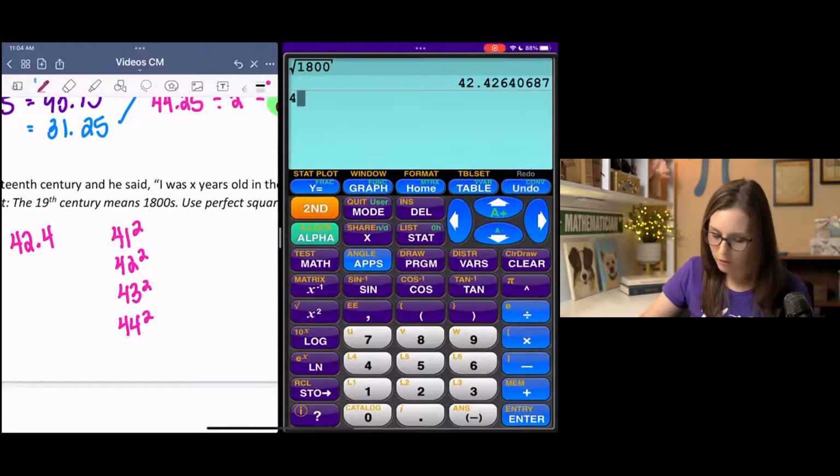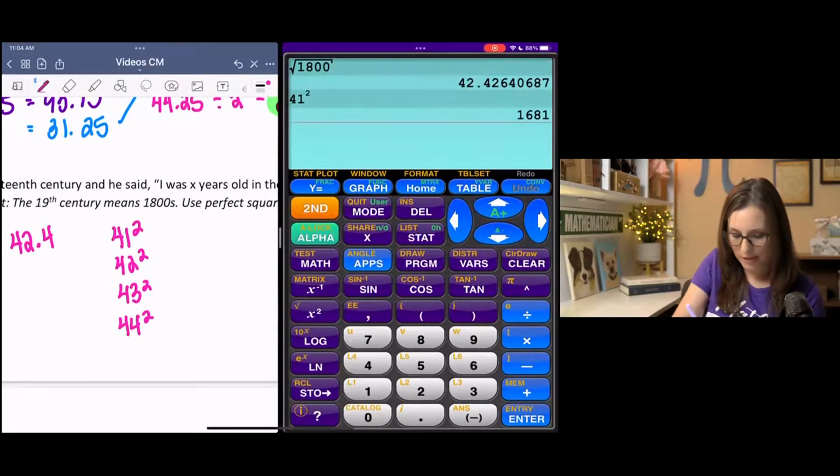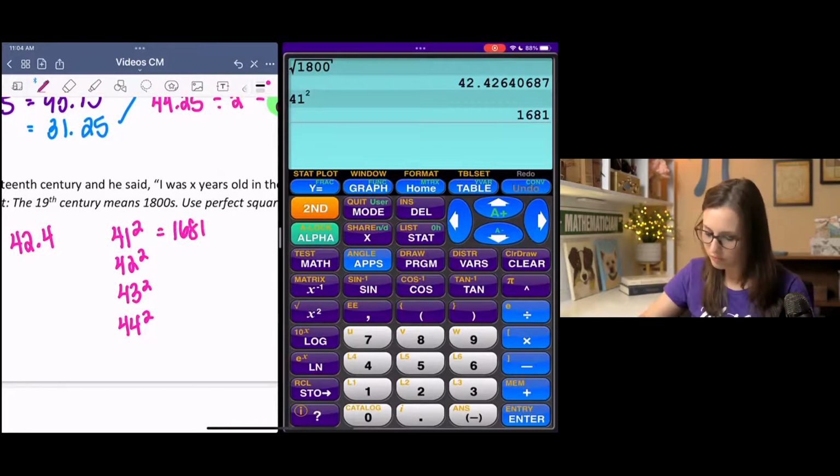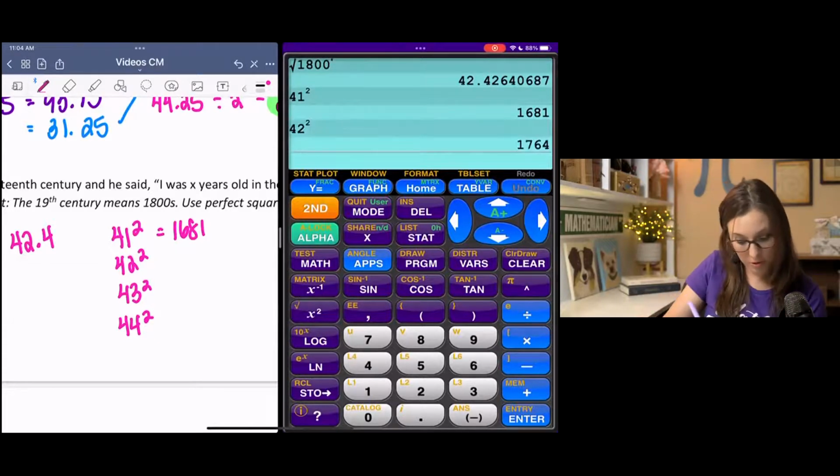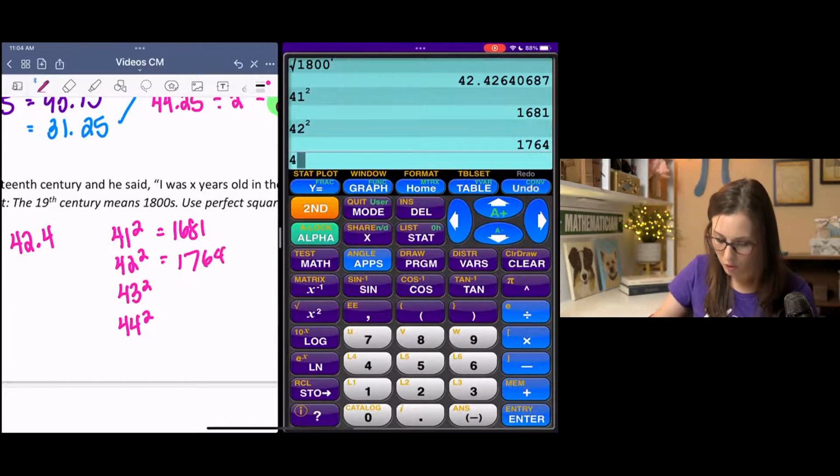So I'm going to square 41. No, that's not it. 1681 is not the 19th century. Square 42. Close, but not quite. Square 43.